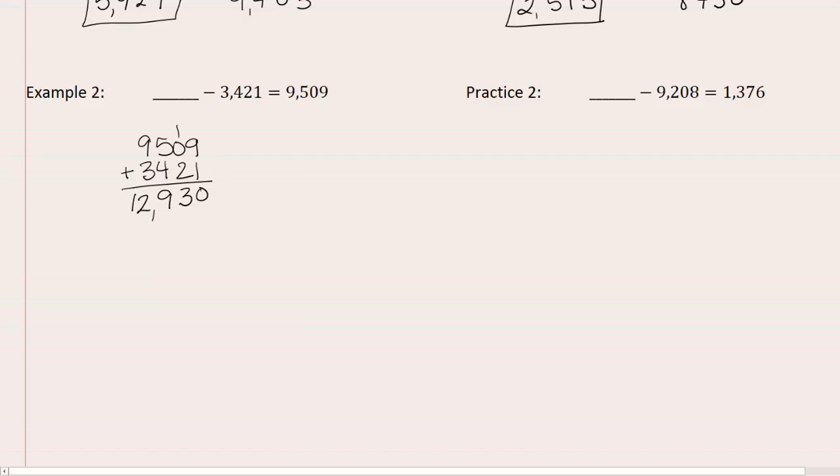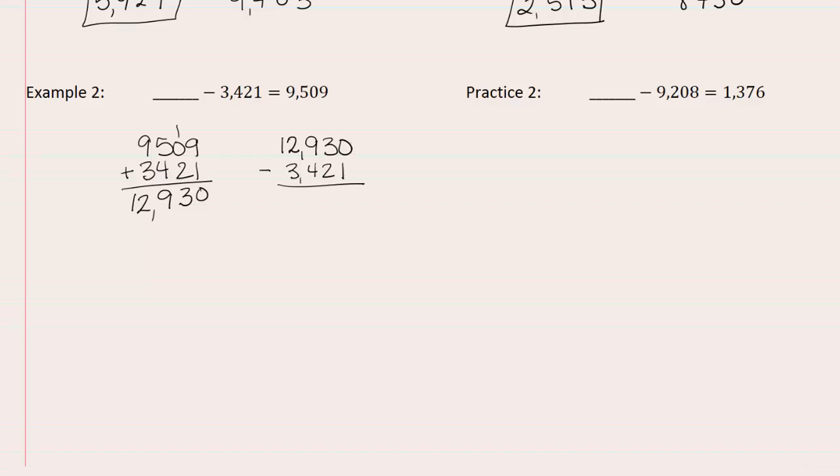And again, just like the previous example, we can just take the answer I get and subtract the number that I had and see if it does give me this total. So let's check and see if we got the right answer. 12,930, if I take away the 3,421 from that, it should give me 9,509.